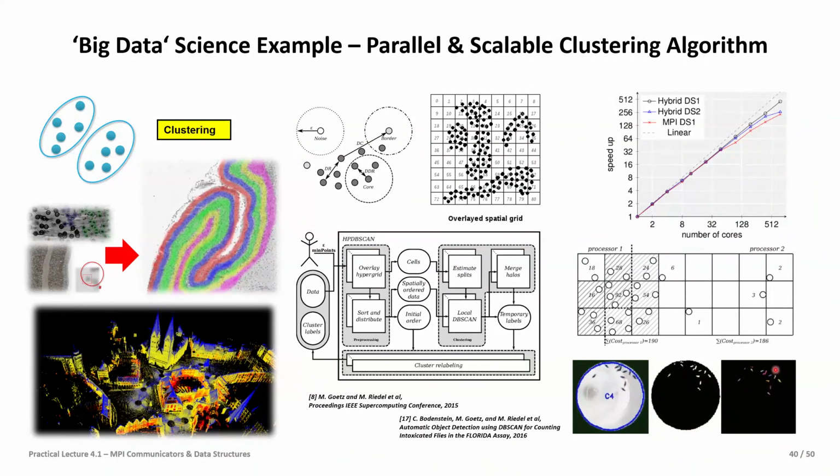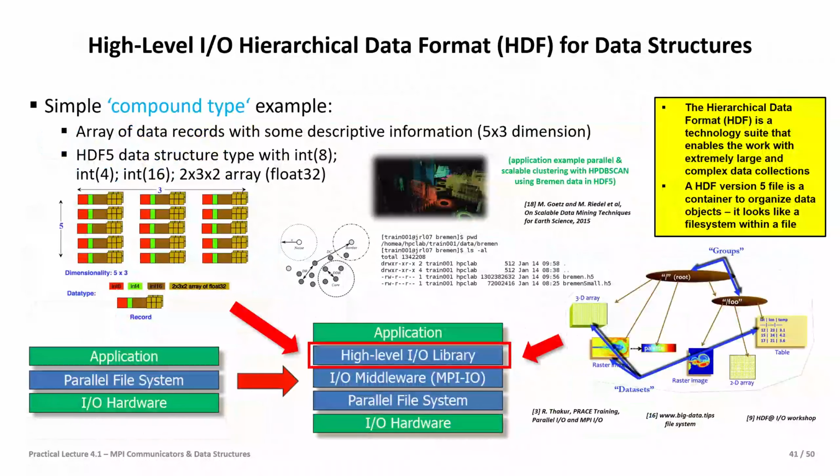Here we're counting flies that are intoxicated and lying on the bottom of some element to be counted. So you can use it in different application examples, but the point is we use here for this data structure the hierarchical data format, which essentially here is in two versions, the Bremen big and the Bremen small data set available as H5 files, you would say.